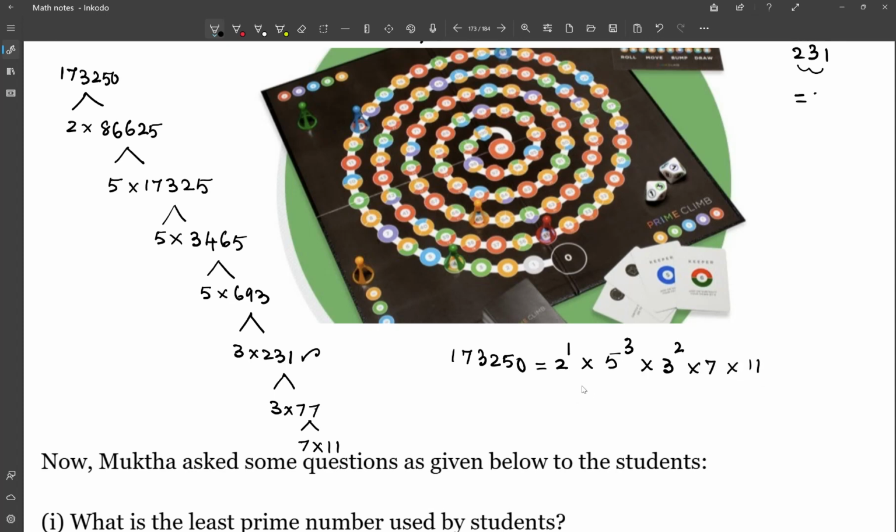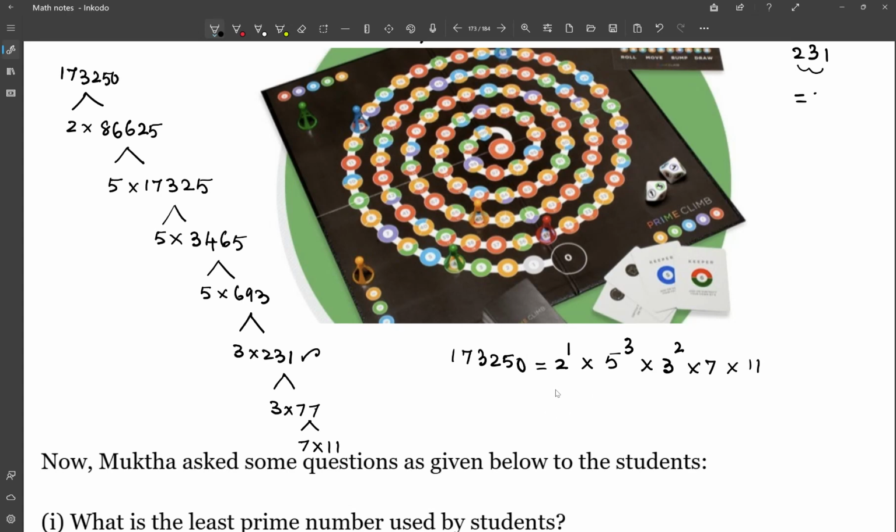Which means one particular student is allowed just once to multiply the number, right? Whatever was the result from the previous student, the next student will just multiply it by a single prime factor and pass it on to the next student. That's how this works.